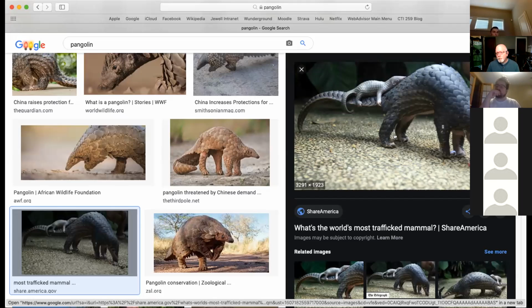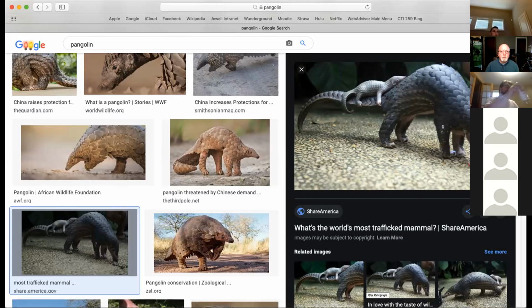So obviously, a lot of humans don't have problems eating pangolins, even though I think they're kind of cute. How far do we have to go away from being human before it's okay for us to kill and eat it?